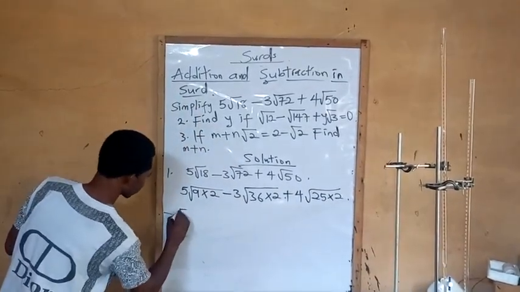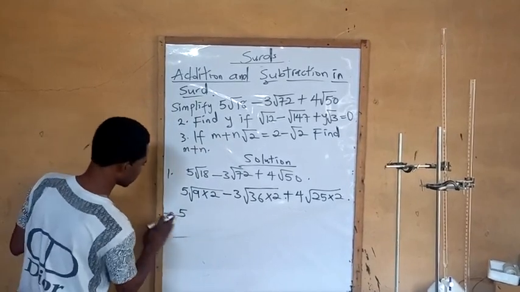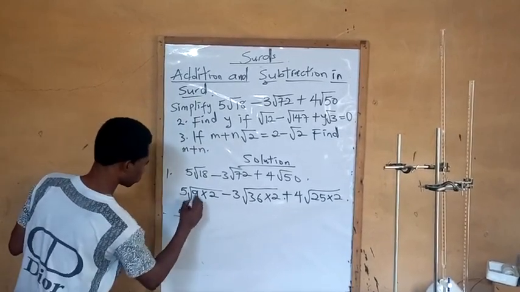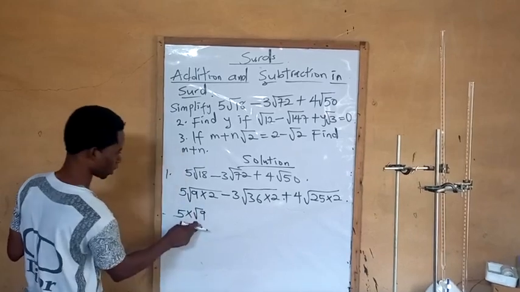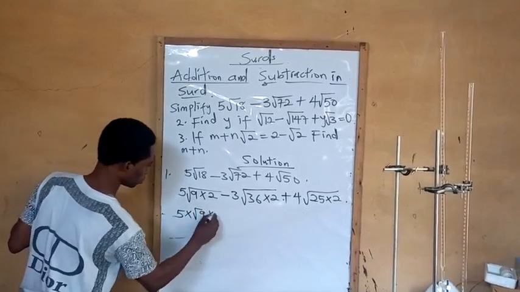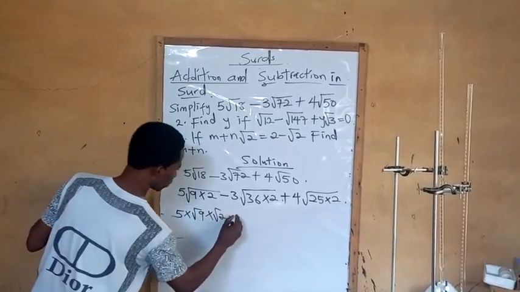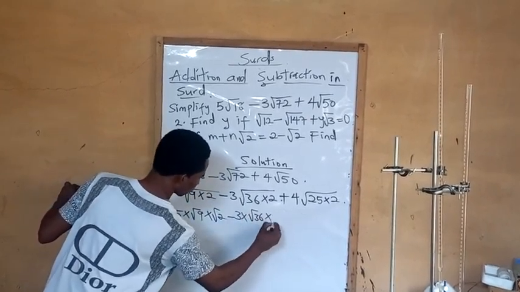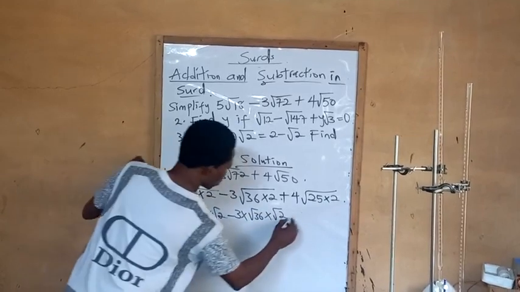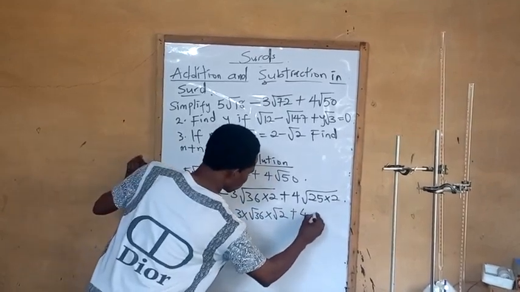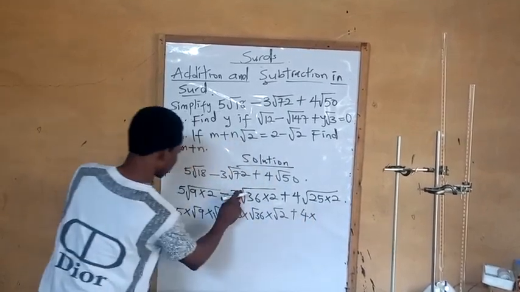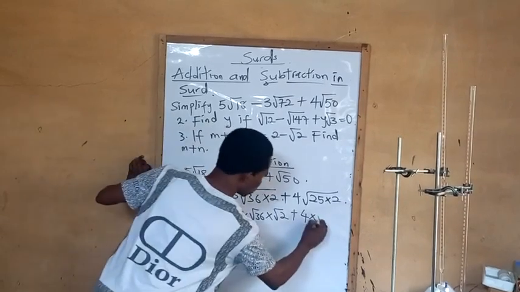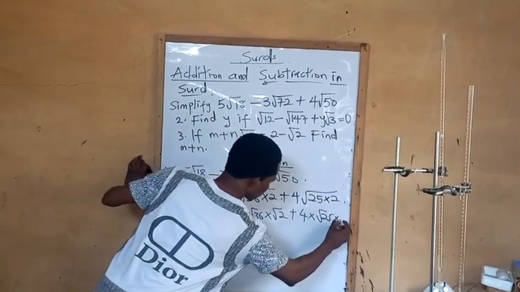Now 5. You can split it down and say 5 times root 9, like I did the other time, times root 2, minus 3 times, split it to root 36 times root 2, plus 4 times root 25 times root 2.